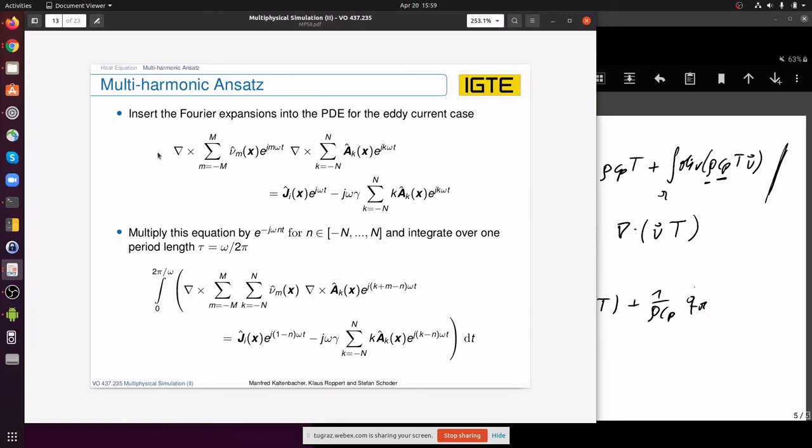We multiply this eddy current problem in frequency domain, with the inserted truncated Fourier expansions, with e to the power of minus j omega n t, where n goes from minus N to N. These are the maximum number of harmonics we are using to expand our vector potential, and we integrate over one period length, over 2π over omega.